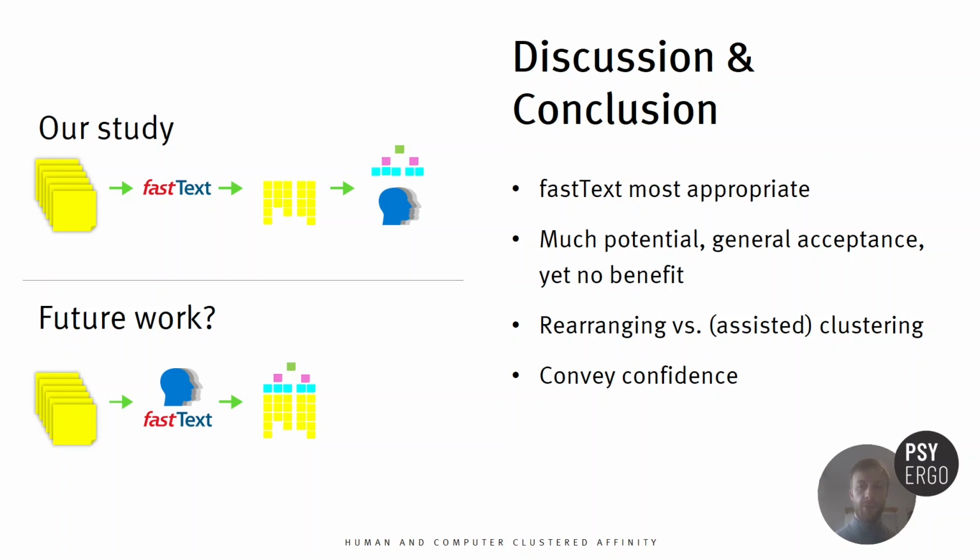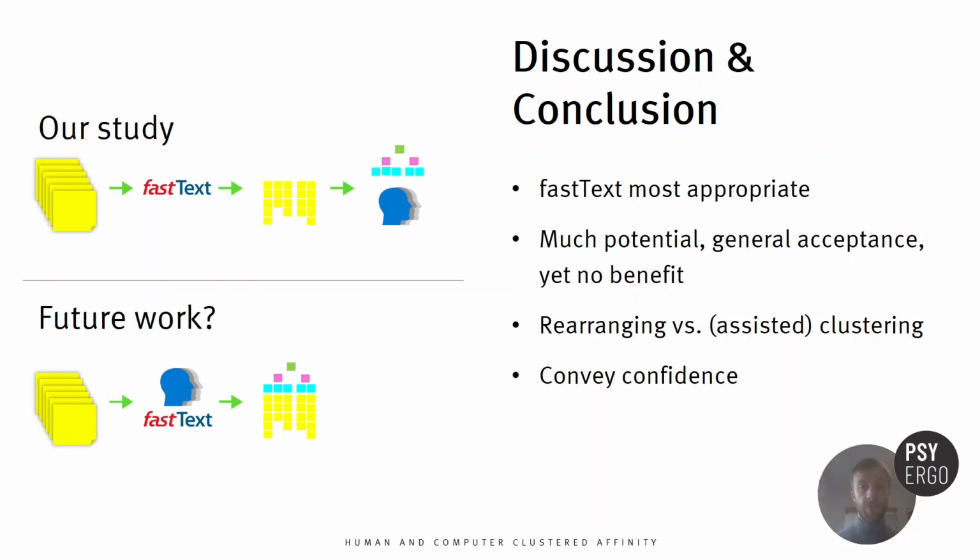Summarizing our contributions, we examined 7 text mining models and found FastText to be most appropriate for pre-clustering short qualitative nodes. Even though there was no measurable objective benefit, algorithmic support has much potential and the concept was generally accepted by participants in our studies.